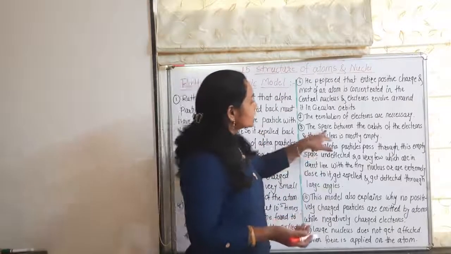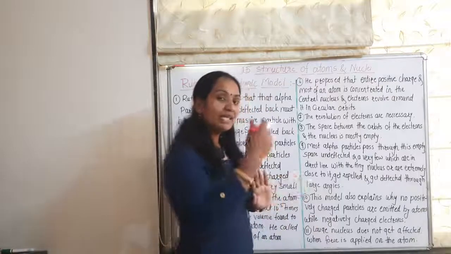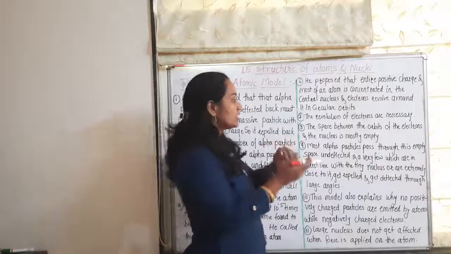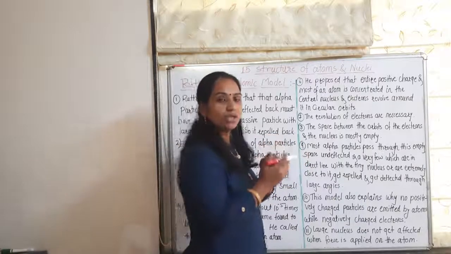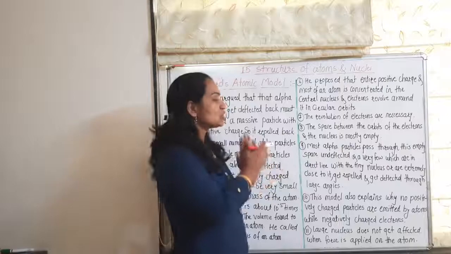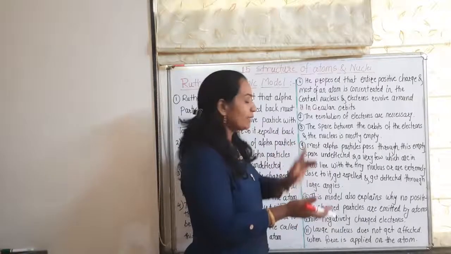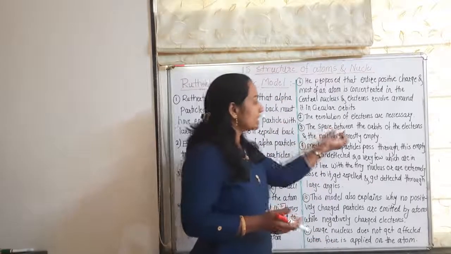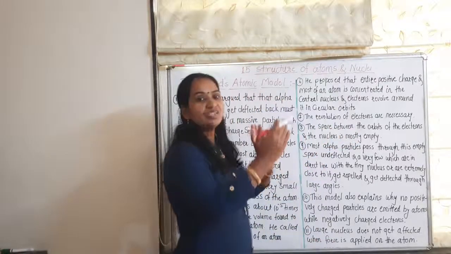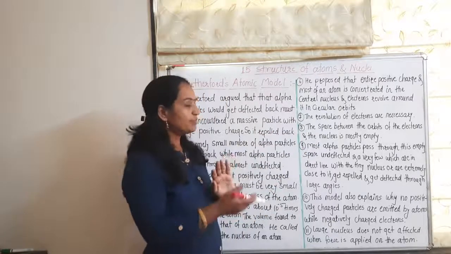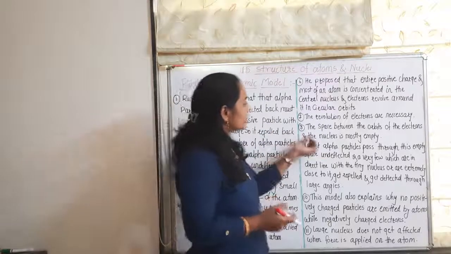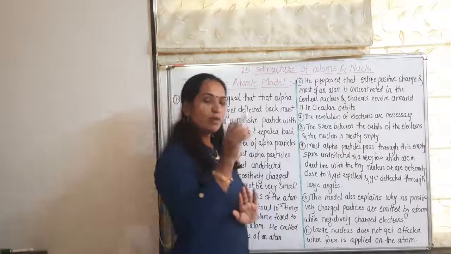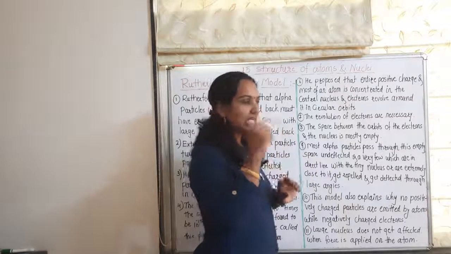There is also space between the orbits of the electrons, for the same reason: if there were no space, they would fall on the nucleus and the structure of atoms would collapse. This space gives the size of the atom, and the atom is mostly empty.